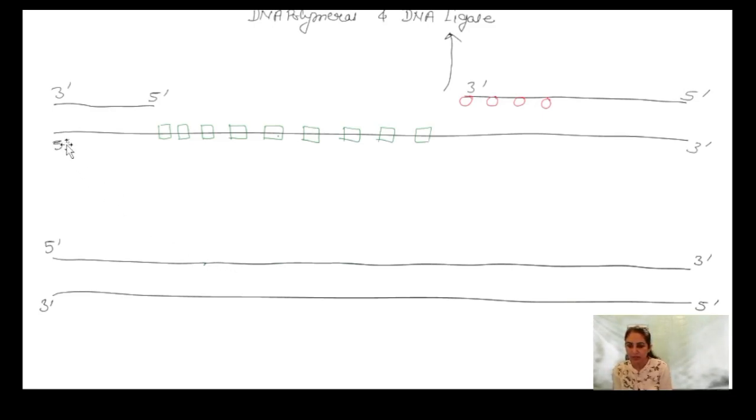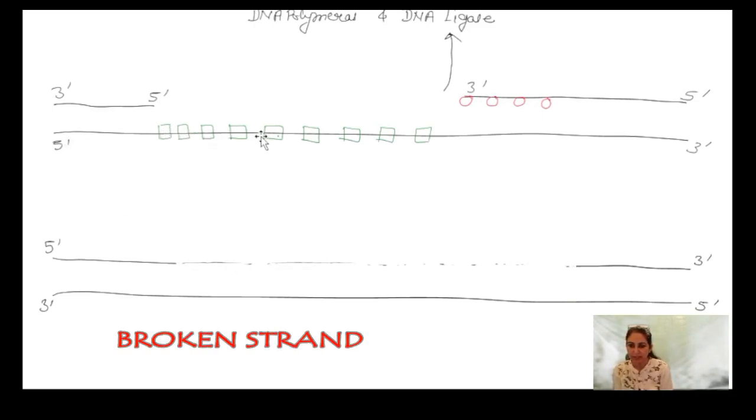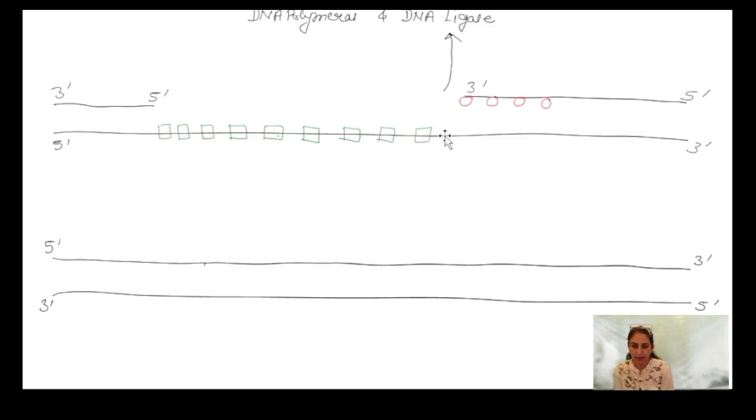See, this was our template strand. These are the new nucleotides which have been attached, and with the help of DNA ligase we have the complete new strand here. So the rest of the process is easy. This is our 3' overhang in the other strand. Now the same sequence occurs.